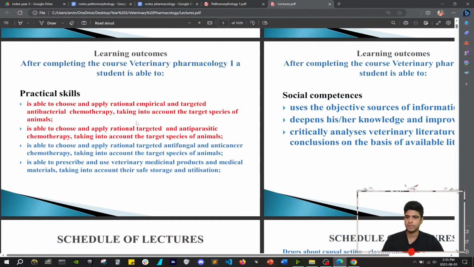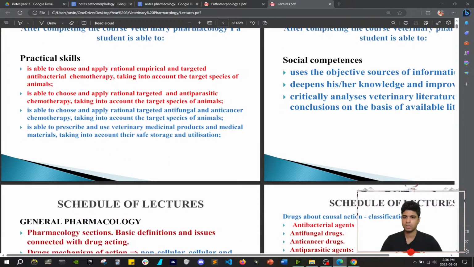Prescribed drugs. Okay. So ability to choose and apply empirical and targeted antibacterial chemotherapy, taking into account the target species of animals. Okay, so antiparasitic, antibacterial, chemotherapy, veterinary medicine. Yep.